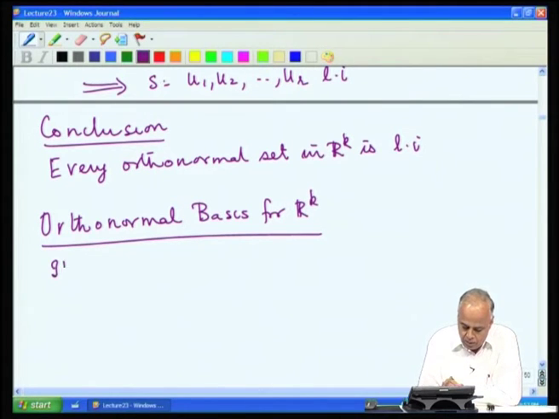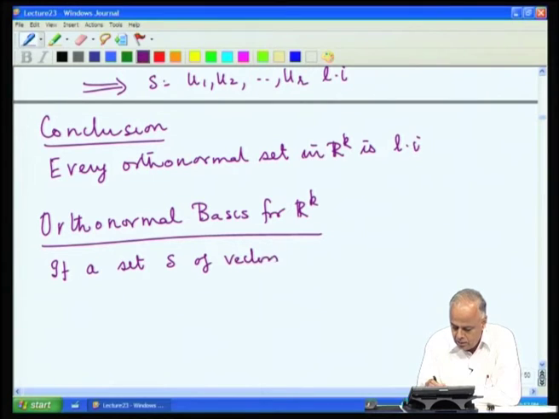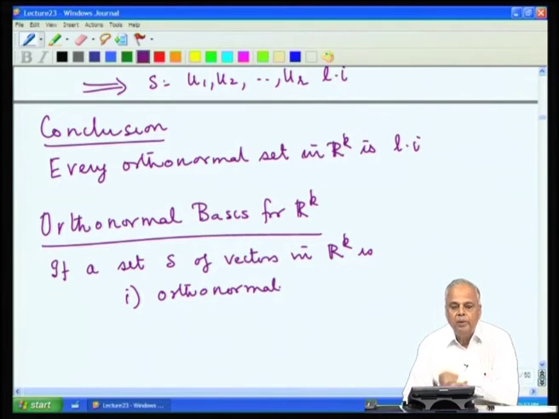So, if a set S of vectors in R k is orthonormal. Remember that when we said we want a basis, we want linear independence and we want spanning. Now linear independence can be replaced by orthonormal, because orthonormal automatically implies linearly independent.